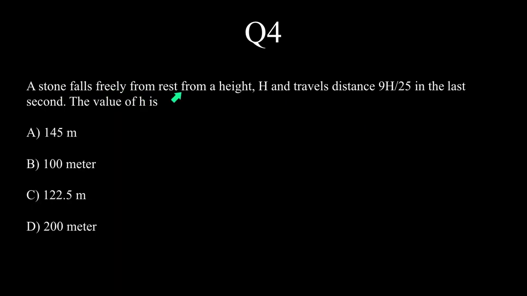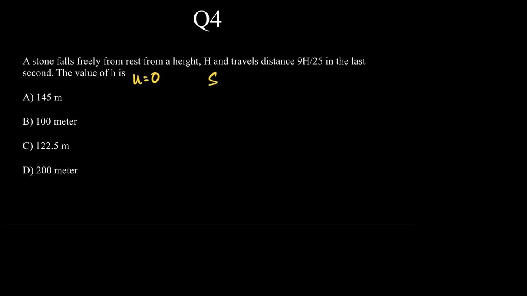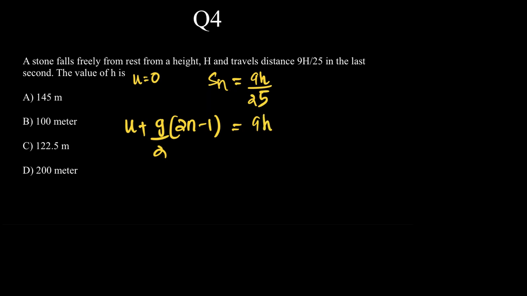A stone falls freely from rest from a height h and travels distance 9h by 25 in the last second. So u is given to be 0 and the distance traveled in the last second, Sn, is given as 9h by 25. Now, what is Sn? Sn is u plus g by 2 into 2n minus 1, equal to 9h upon 25.